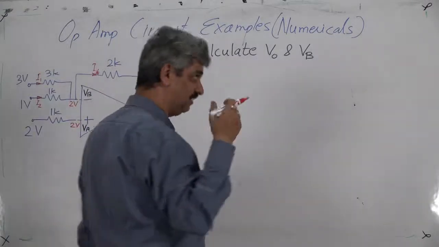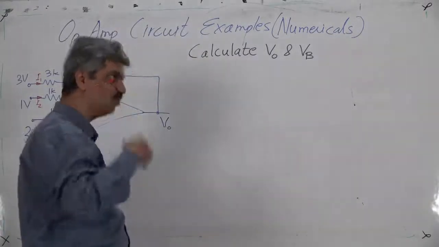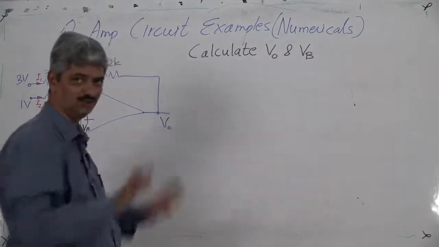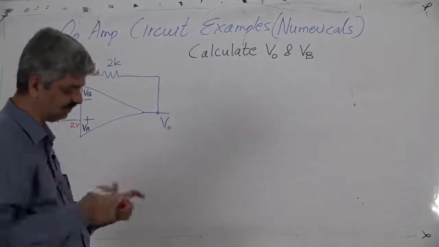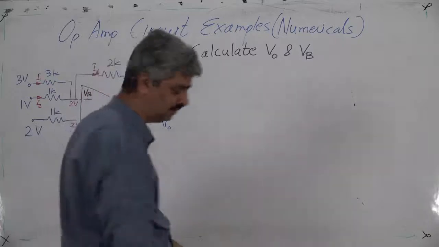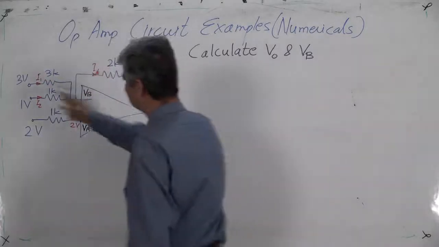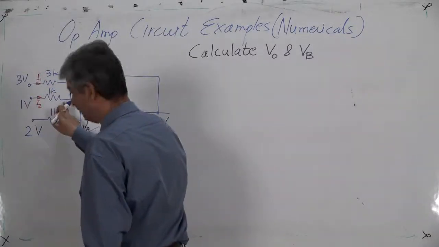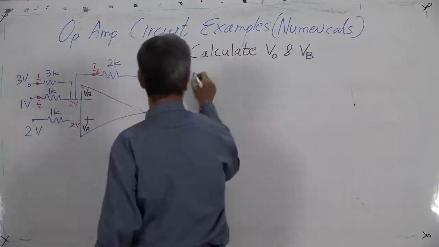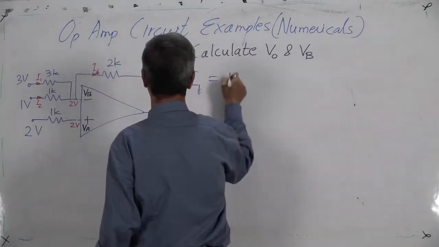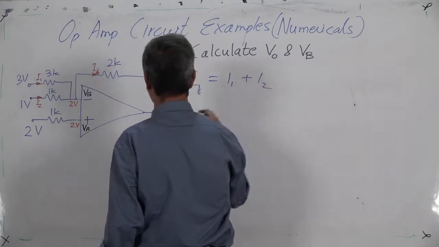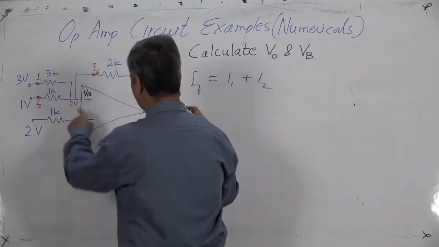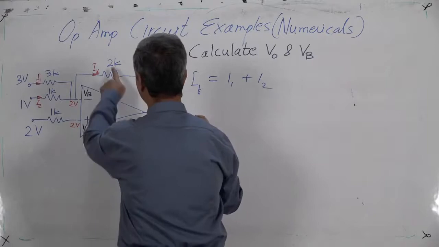You need not select direction from more to less. Any direction you can assume and Kirchhoff's law will give you the correct answer. Because of Kirchhoff's laws, current incoming equals current outgoing. So IF is equal to I1 plus I2. What is IF? IF is VB minus VO upon 2.